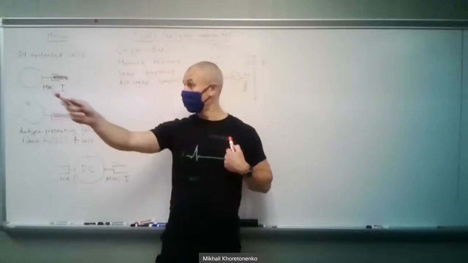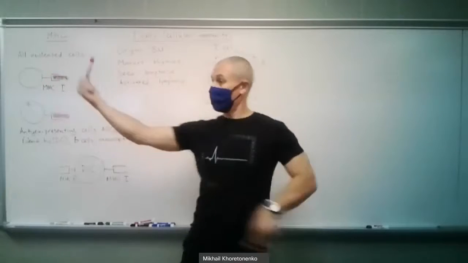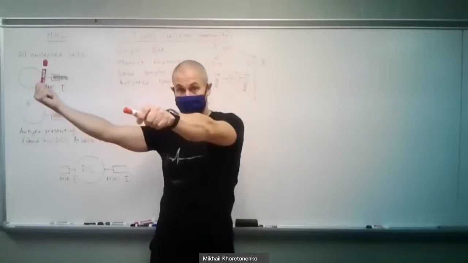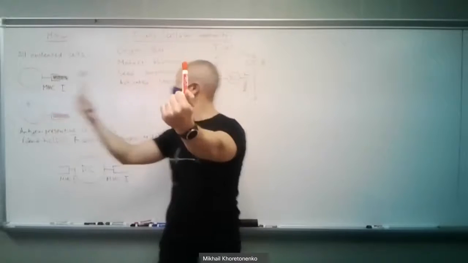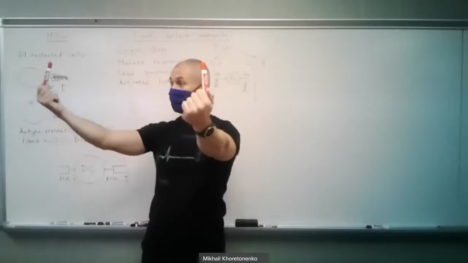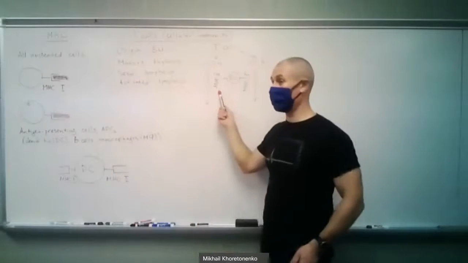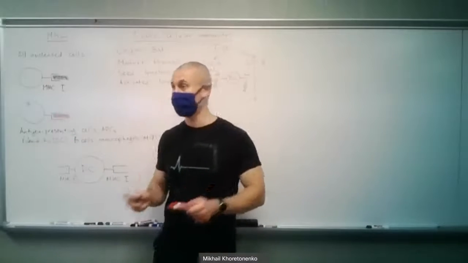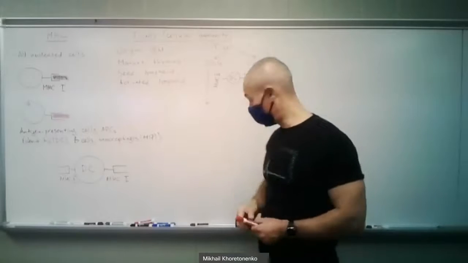So CD4 cells, I present you the antigen on my MHC class 2, my right hand. CD8 cells, Kenna and Allison, I present you the same antigen, but on the different arm, on MHC class 1. Does that make sense? Because you, CD4 cells, can only recognize MHC class 2. You, CD8 cells, can only recognize MHC class 1. This is called MHC restriction. Okay, we're good? That makes sense?